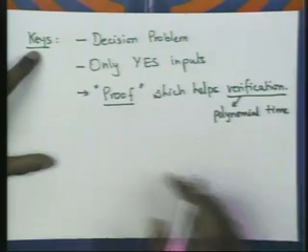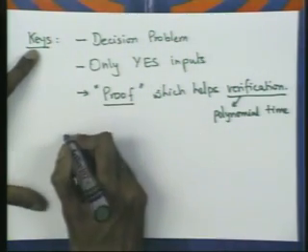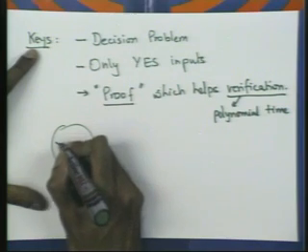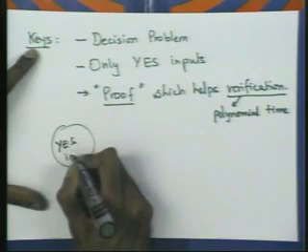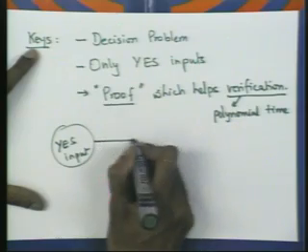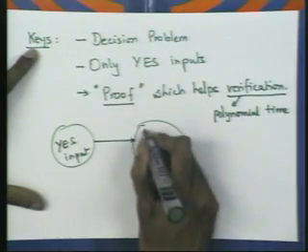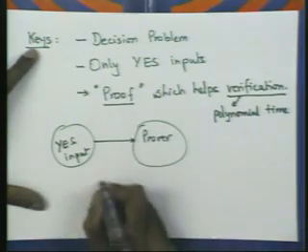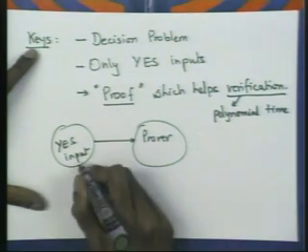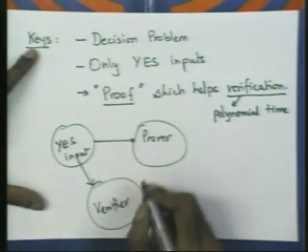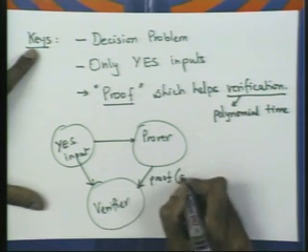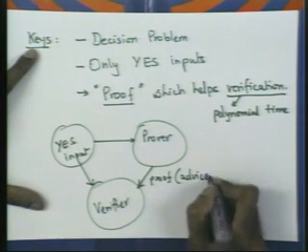So let me draw this diagrammatically. Here is the yes input. You pick any one of those yes inputs. The prover is looking at this, so is the verifier. The prover sends a proof, or an advice, sometimes called an advice.